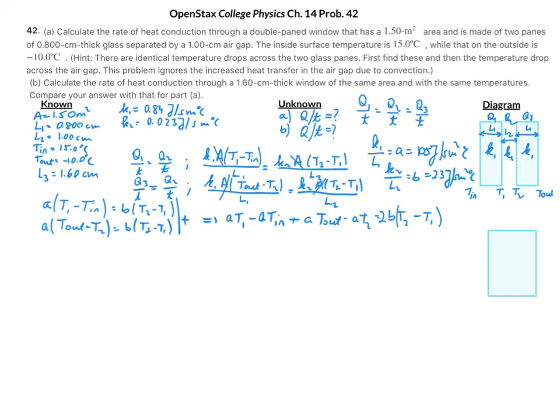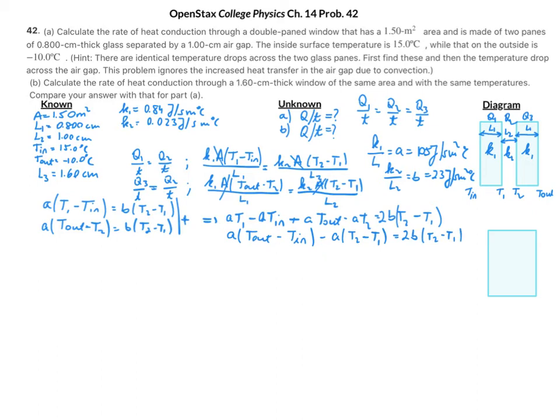So here I have then A times T out minus T in minus A times T2 minus T1 is 2B times T2 minus T1.